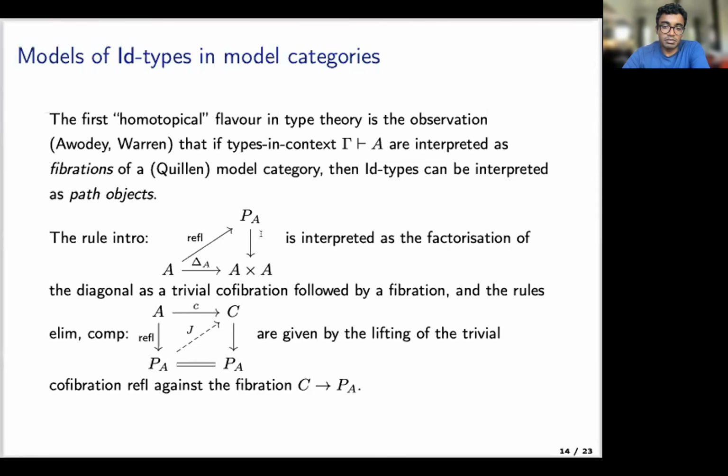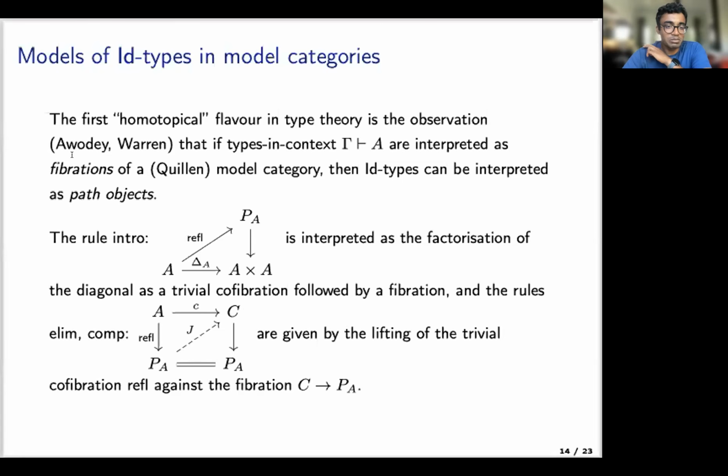And that's the definition of a path object over the object A. And the rules of elimination and computation for the identity type are given exactly by the lifting of this trivial cofibration against this fibration. Since this is a type that depends on the identity type of A, it is interpreted necessarily by a fibration. And so this commutative square has a lift, and any such choice of lift gives us the elimination and computation rules.